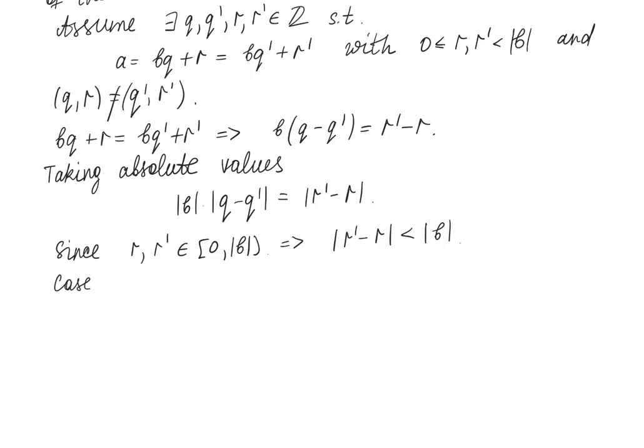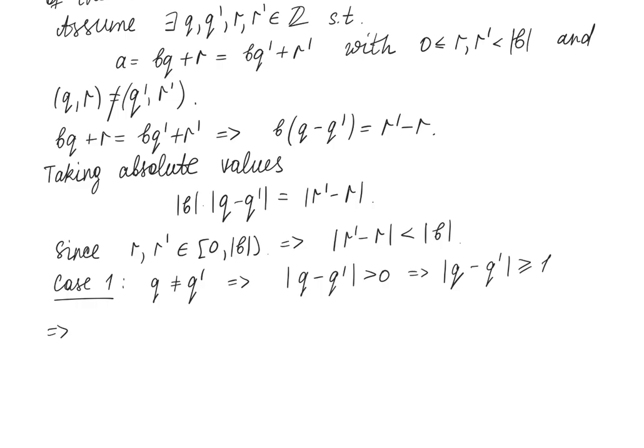Case 1, when q does not equal q prime. Let us say we have this. Then absolute value of q minus q prime is greater than 0, and since these are positive integers, we can use the fact that then they are greater than or equal to 1.